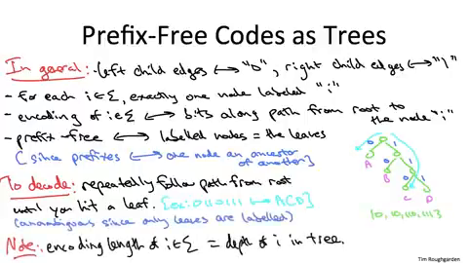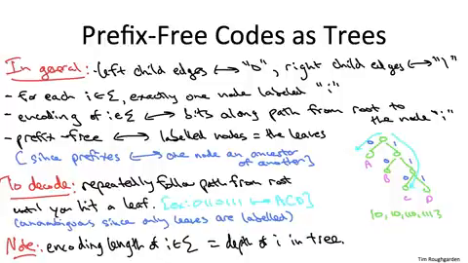So a final important point about this correspondence is that the encoding lengths of the symbols, the number of bits needed to encode the various symbols, are just the depths of the corresponding leaves in the tree that corresponds to the code. So for example, in our running example, the symbol A is the only one that needs only 1 bit to encode, and it's also the only leaf in level 1 of the tree. And similarly, B needs 2 bits, it shows up in the next level.